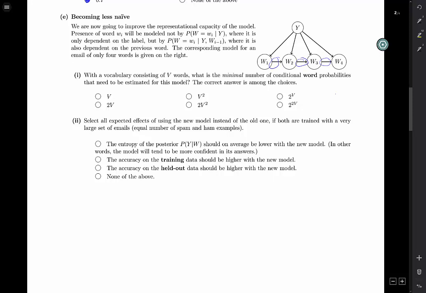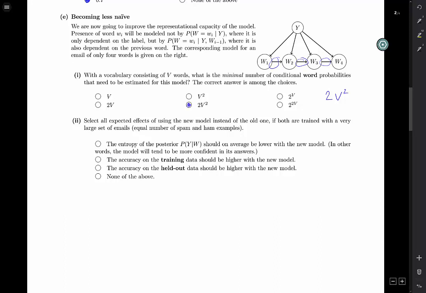So that's going to be V squared entries, because for a fixed value of W1, there's one conditional probability table that has V entries. So for all W1, which has V values, we have V entries for W2. So that's V squared. Now that was assuming Y is fixed, but Y can take on 2 values. Therefore, the answer is going to be 2V squared.